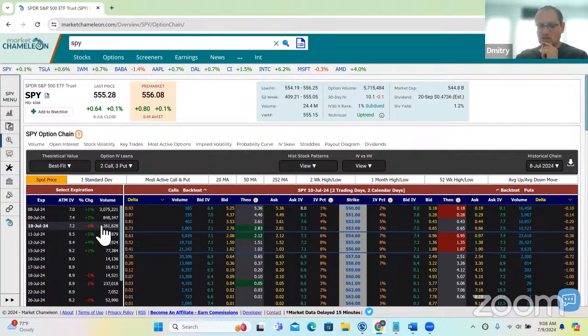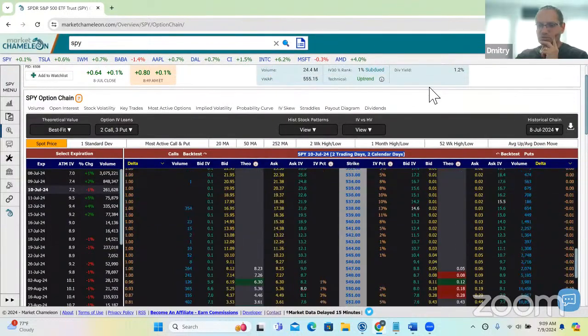We also see the total volume in that expiration. So here on July 10th, we see the implied volatility is 7.2, slightly lower from the previous day, and 261,628 contracts traded. When you click on it, like I did, you'll see that the July 10th expiration pops up here, and this is the data below.